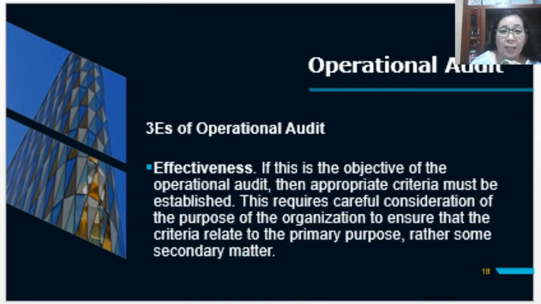So this requires careful consideration of the purpose of the organization to ensure that the criteria actually relate to the primary purpose rather than some other matters. So here, the criteria should also be evaluated if that is suitable. Okay, so they have to make sure that this is suitable with the type of objective that they want to achieve.